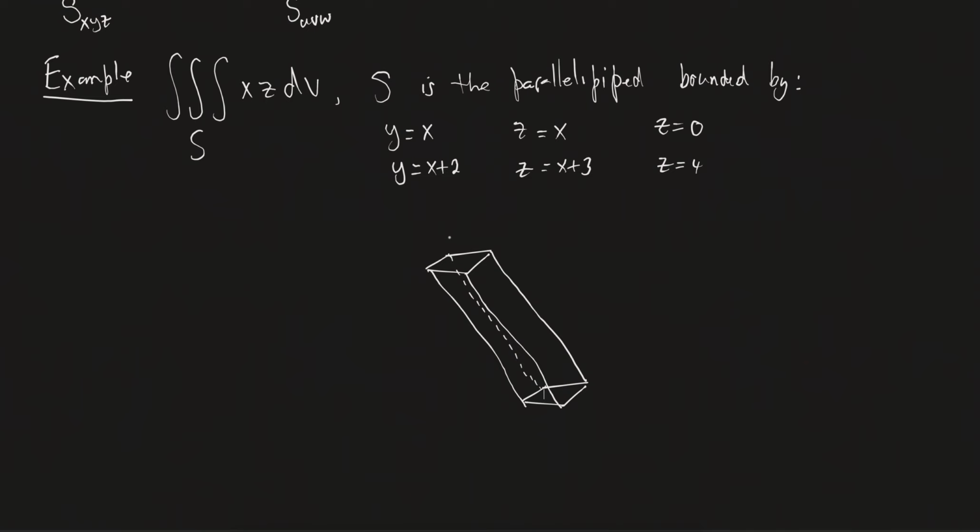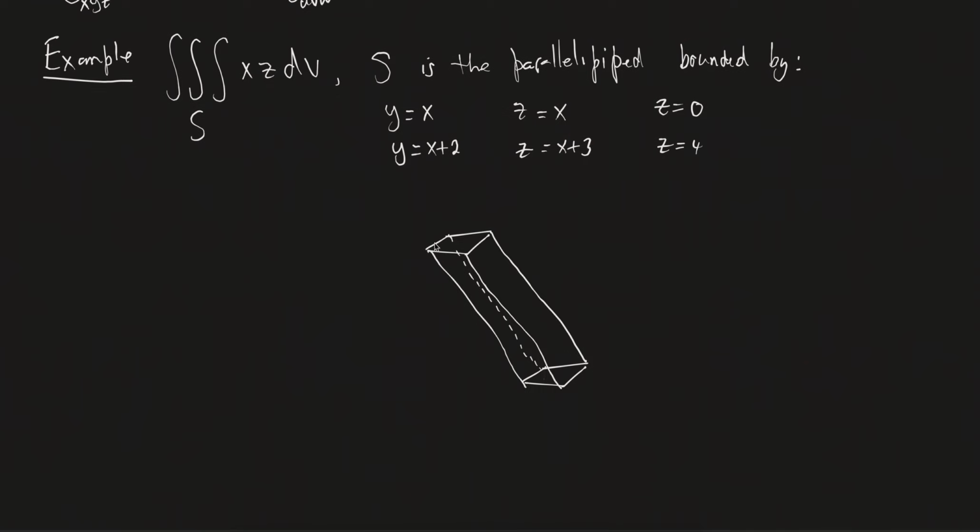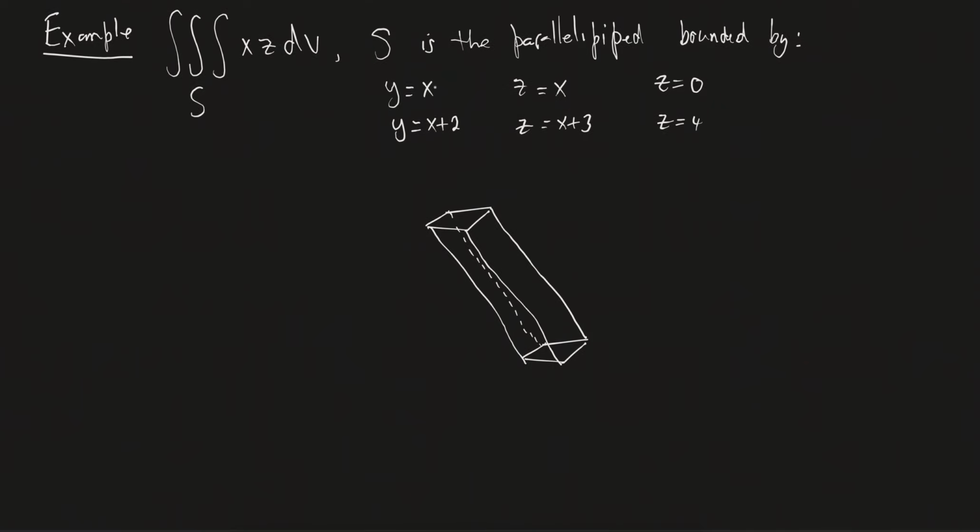All right. So first we have to choose the equations for our transformation, and here's what we're going to do, very similar to what we did in the double integral case. I'm going to take each pair of these equations and rewrite it so that I have all the variables on one side of the equation, and hopefully just constants on the other side, because those constants will help us quite a bit in the transformation.